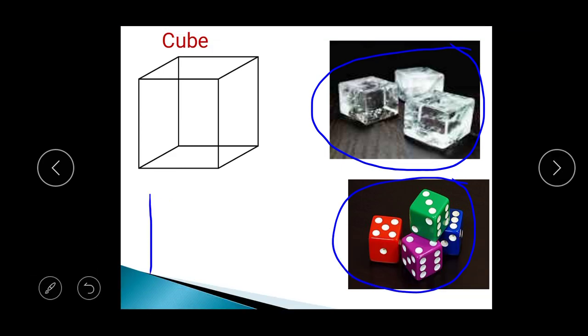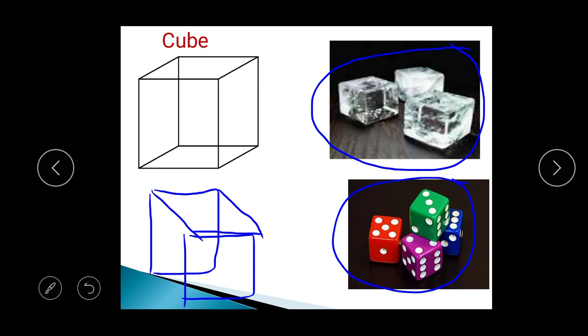This way, you draw a rectangle, then you come to the middle, come this way, then join this path, join this path, join the down path, and join this path. Wow, isn't it beautiful? Yes, it is beautiful. So that is your cube.